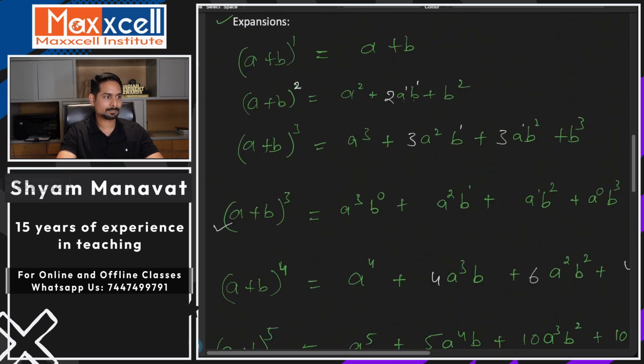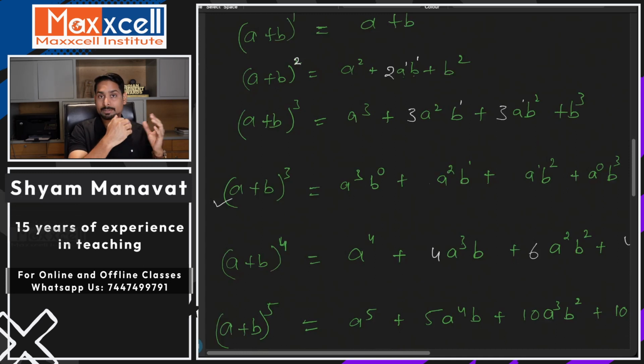First, what are the learnings? You can also make your own points. What did you learn? What did you find common in all this expansion? What did I find? If you look at this, it is starting with a to the power of bracket and b to the power of bracket.